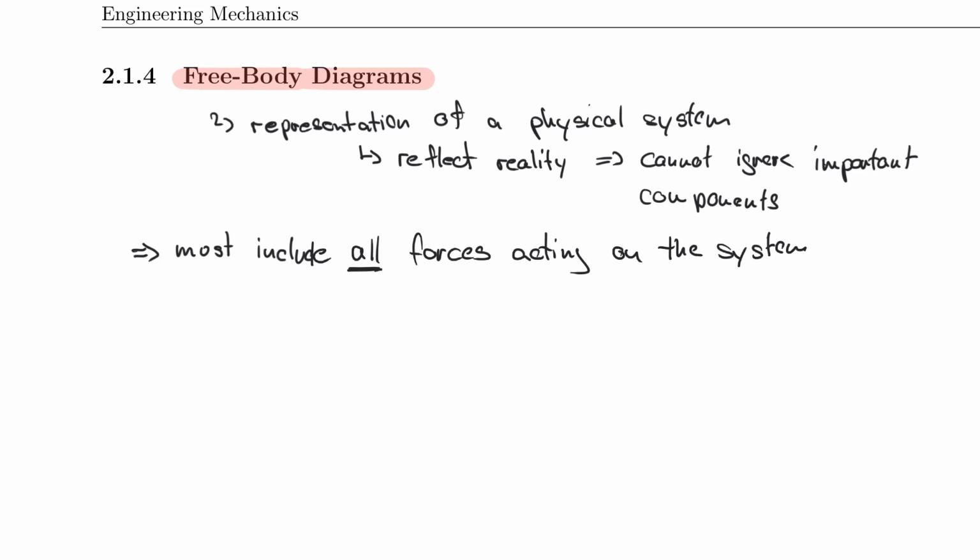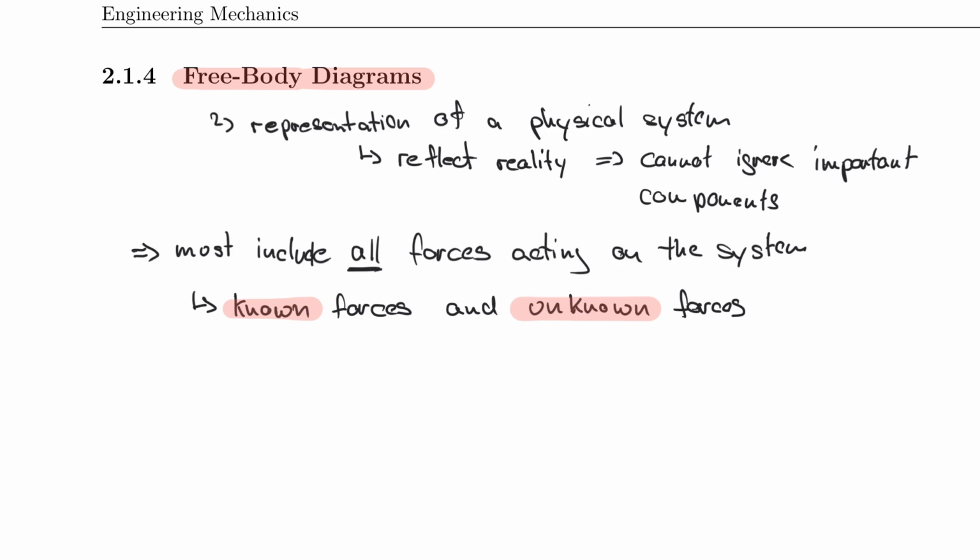So that means that you have to include all known forces but also all unknown forces. That means you have to develop a solid understanding of what is going on in the system. You cannot just add what's there, which would be the known forces. Much more important, you need the unknown forces. And of course, I will describe this to you when we go through an actual example.